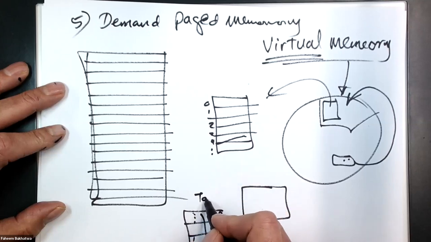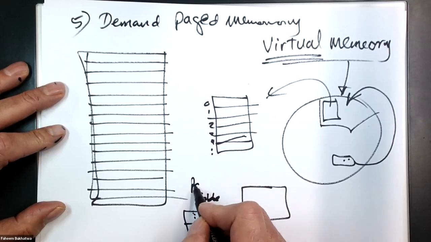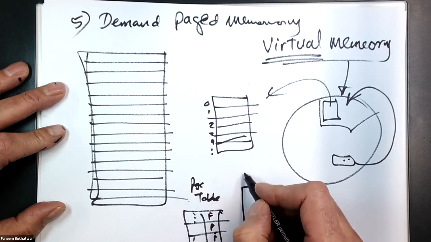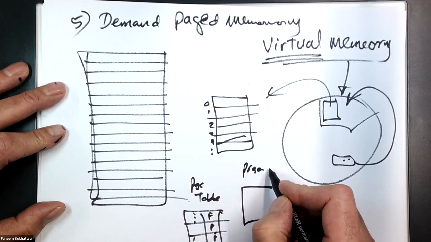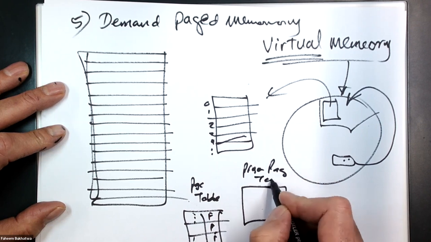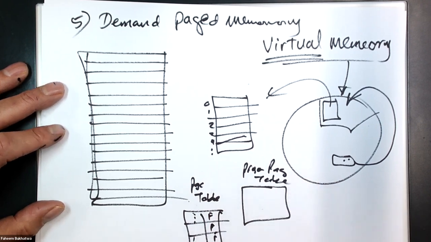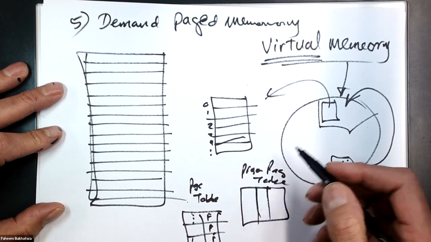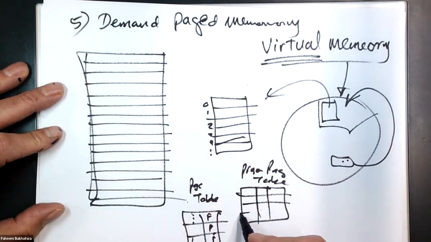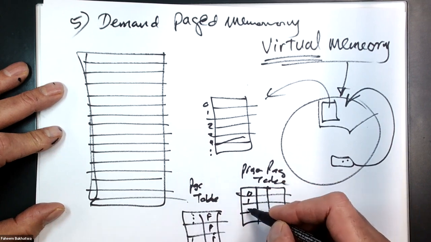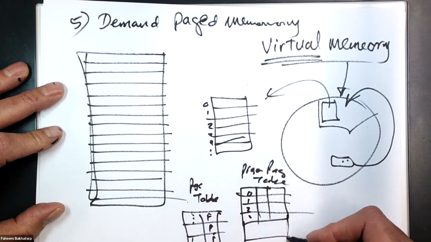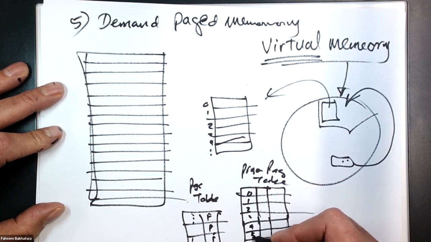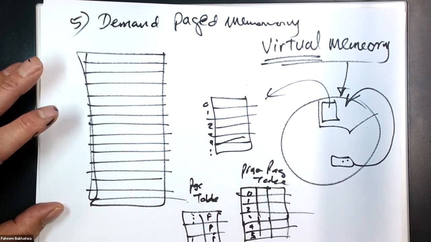This is the page frame table, and this is the program page table. So every program also has a table for its pages. Let's say this program has 6 pages, from 0 to 5.